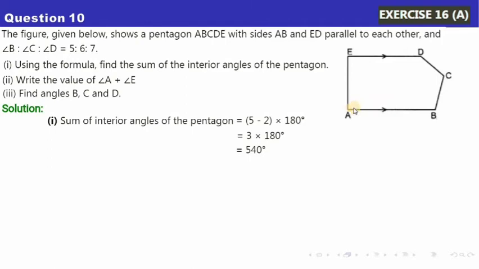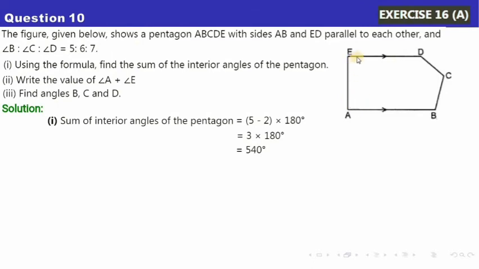The very next angle to A is E. You may say the next angle to A is B, but AB and BC are not parallel. So I am considering the angles associated with the parallel sides. This is parallel, this is parallel, so the next angle to A is E.